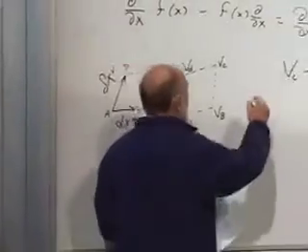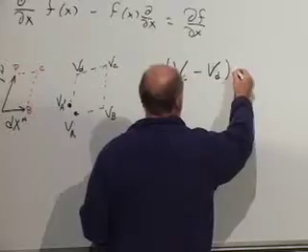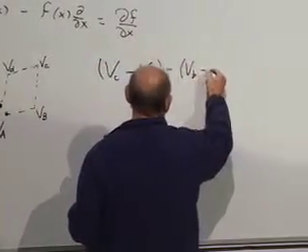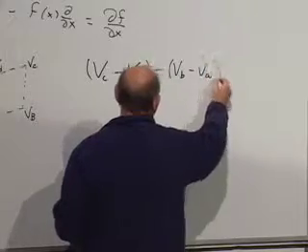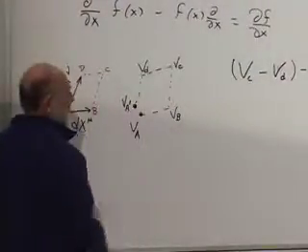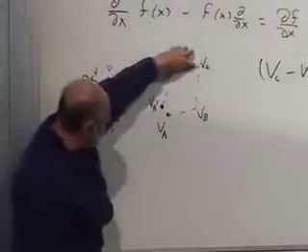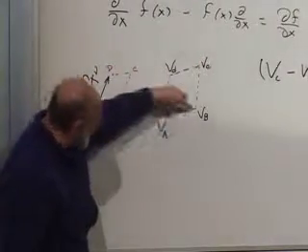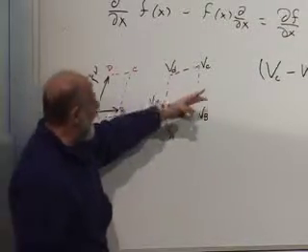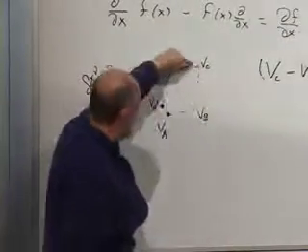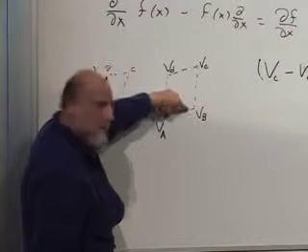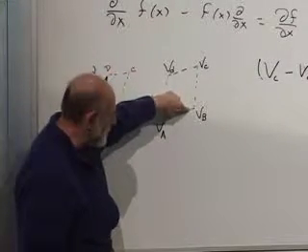And now subtract from that vb minus va. Okay, so let's see what I've done. I've taken vc minus vd, that's a little difference here, and subtracted the corresponding difference down here.